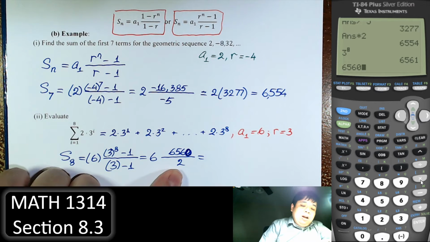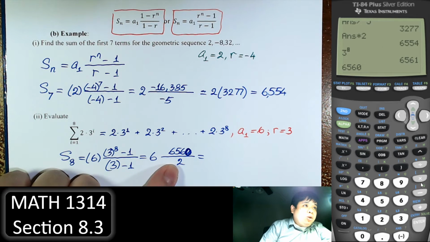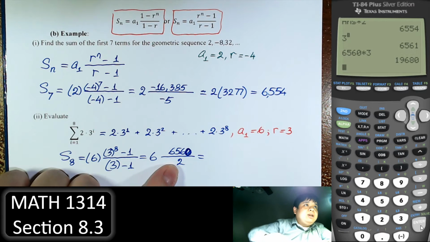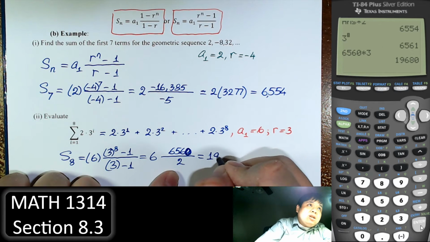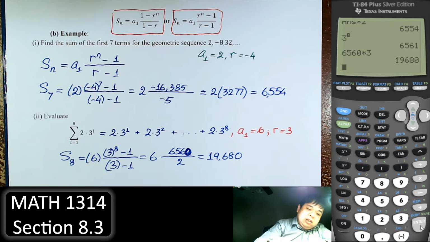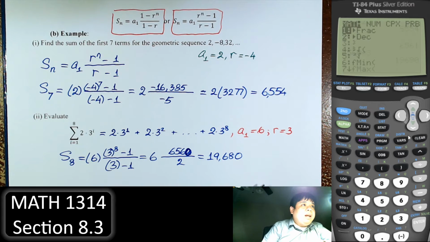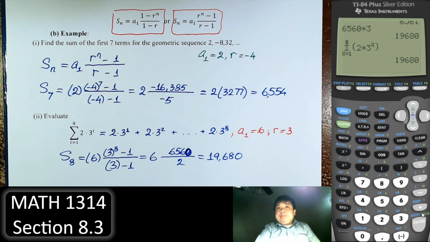Six and 2 cancel out, so just multiply by 3. 19,680. Of course, if we want to check math, use that option. Equal to 1 to 8. And I would just say 2 times 3 to the x power. We should get the same thing.